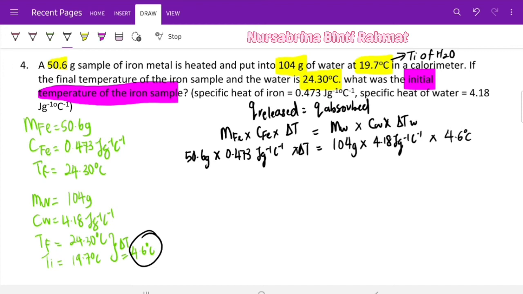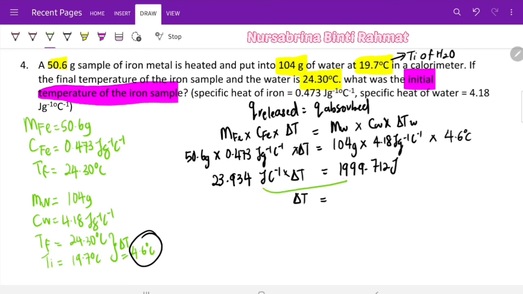So on my right side, I will have 1991.712 joule, whereas on my left side it becomes 23.934, and the unit is joule per Celsius, times delta T. So to solve for my delta T, I'm going to move this to my right side and it becomes a division. So 1991.712 joule divided by 23.934 joule per Celsius.